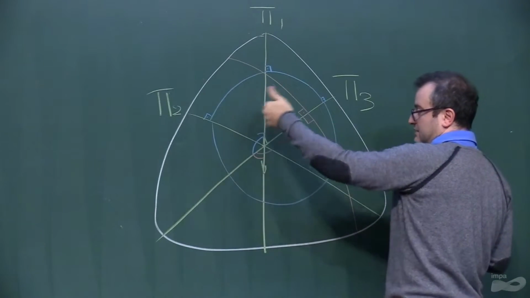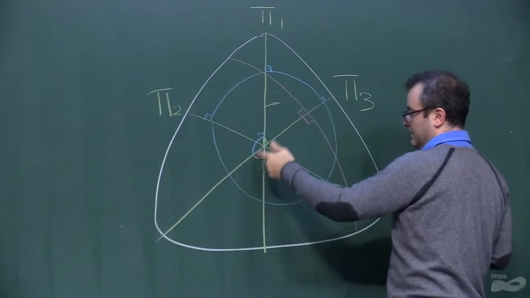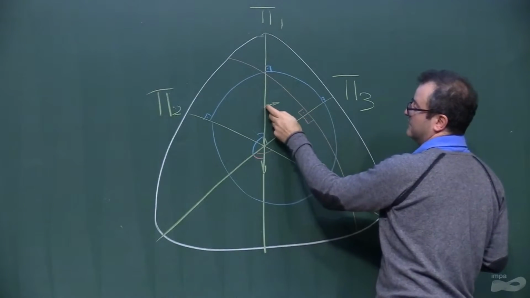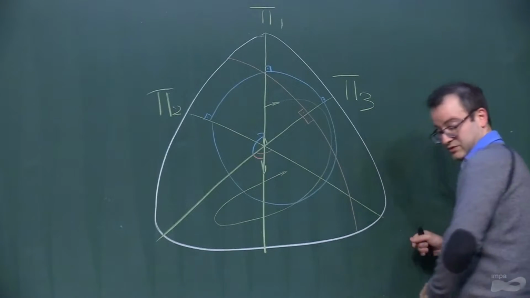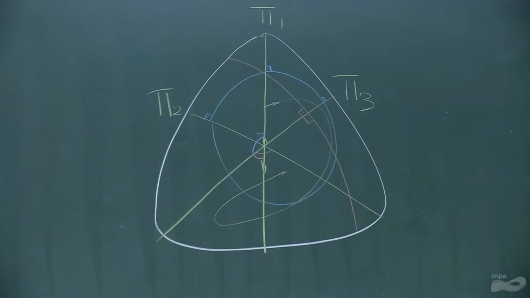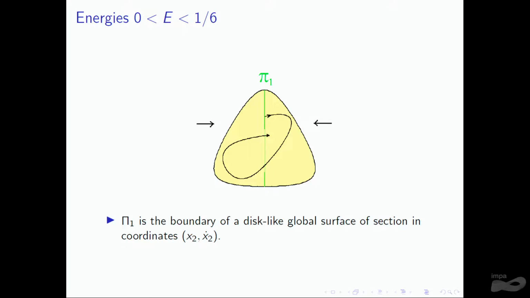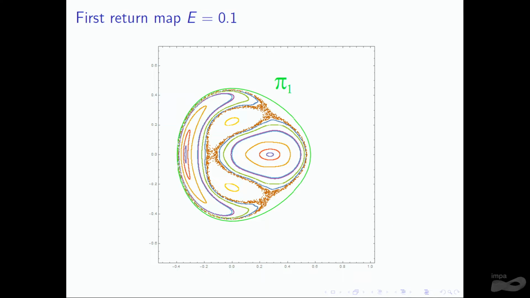So it determines a global surface of section. Any solution will start with a given vector here, and it will eventually return to another vector. Okay? So it's a global surface of section for the flow. And we can plot some numerics to see the behavior and to have an idea of what's happening.